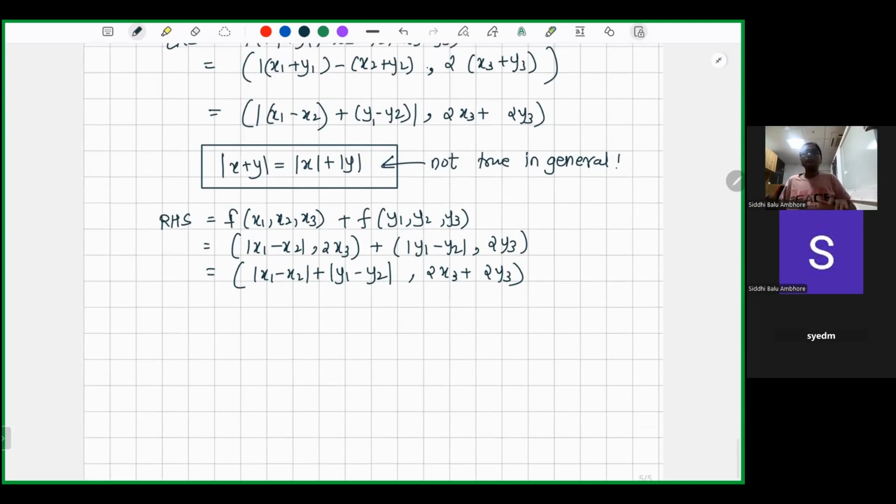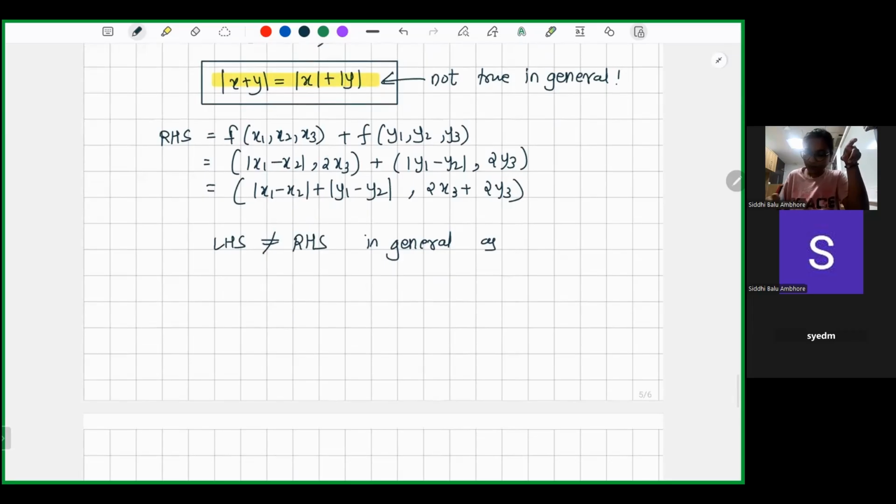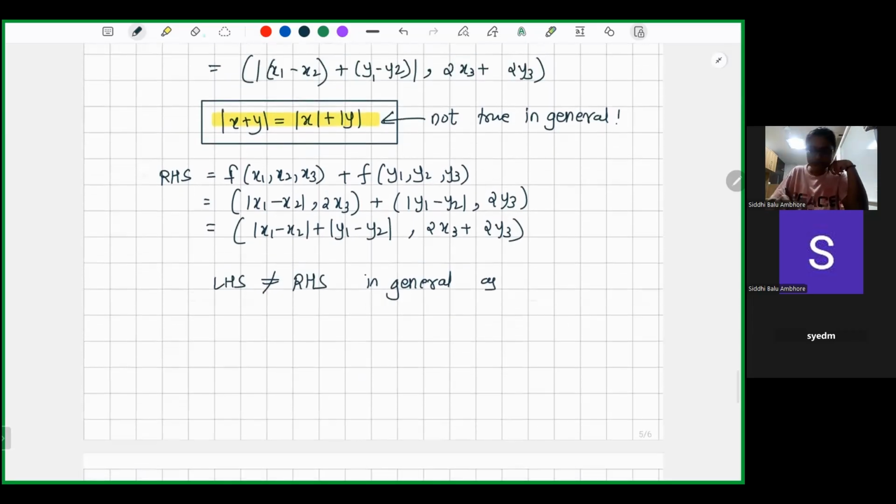So this is my f of x1, x2, x3 plus f of y1, y2, y3. In general, since this condition is not true, these two are not equal. So LHS is not equal to RHS in general.